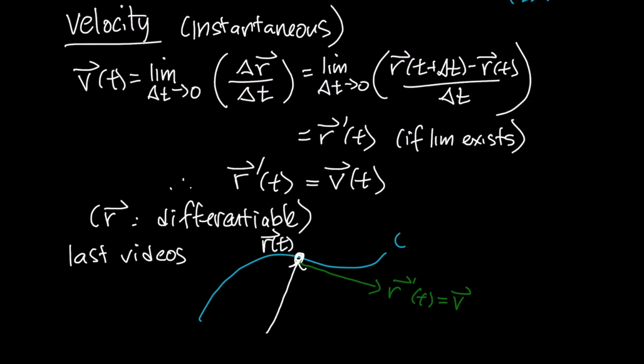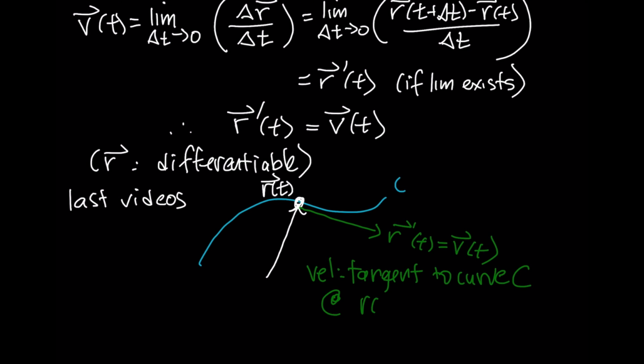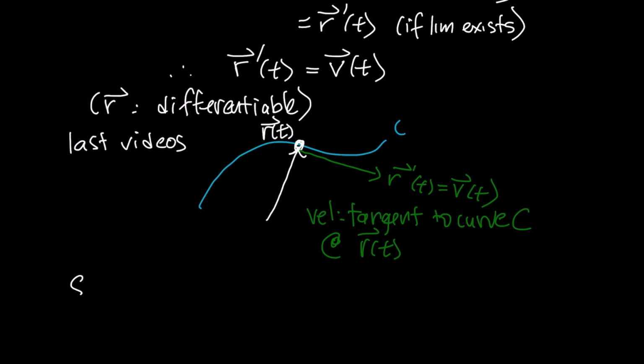So the velocity is always tangent to the curve at the point r of t. The velocity is a vector that can be slid and attached to the curve right at the point r of t. Now, the speed is simply the size of this velocity vector, or the size of the derivative. It's the scalar quantity that tells you how fast, but not which way.